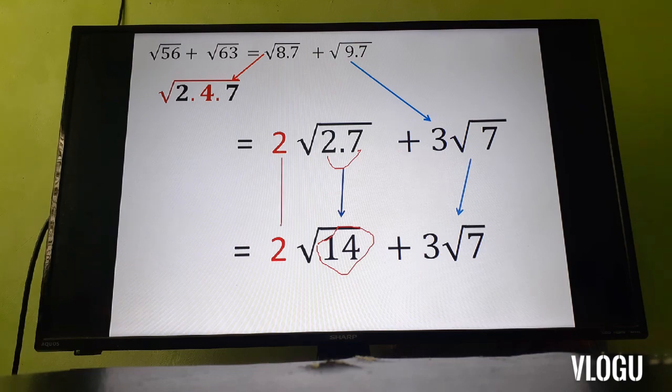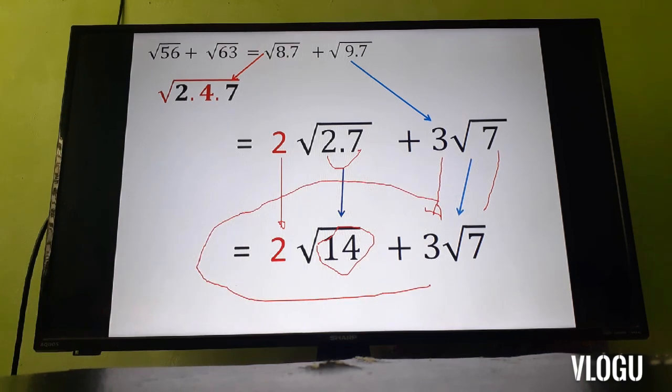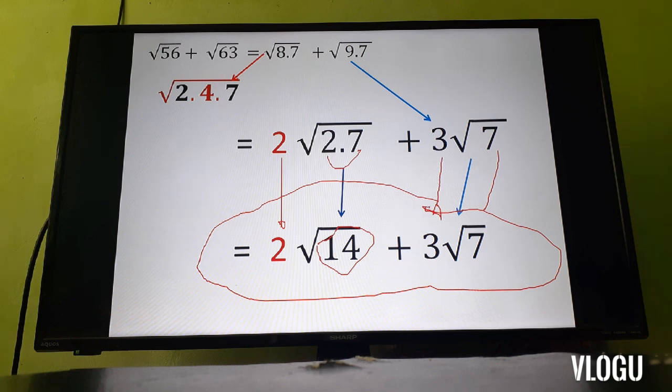Then just drop 2, drop down 3. There is no number aside from 7, just drop down 7. And we have now our final answer. Ganun lamang po mag-add ng isang radical expression. So, unang-una, factor out, simplify, then write the final answer in simplest form.